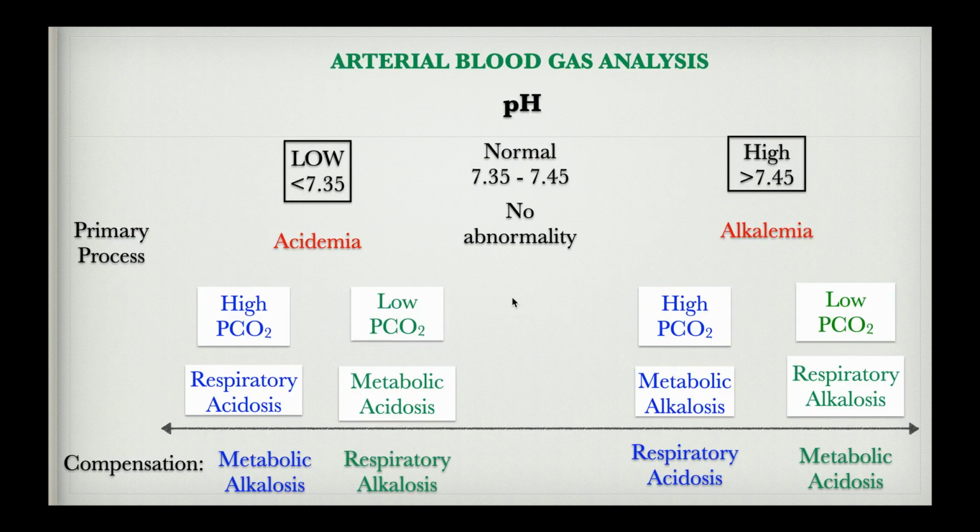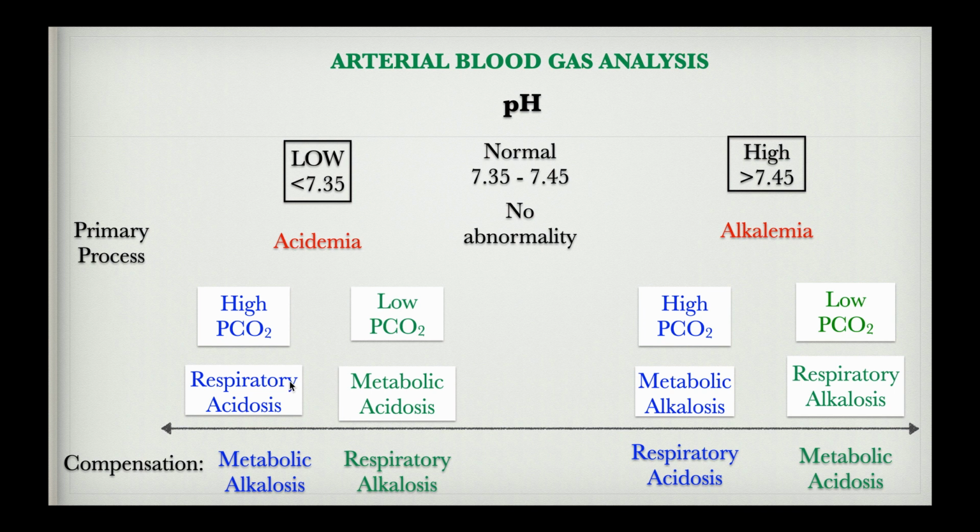On this diagram, we are going to see the various forms of compensation. If the patient is having respiratory acidosis, then we are going to have metabolic alkalosis as a compensation. The trick over here is you should look at the cause of the problem.